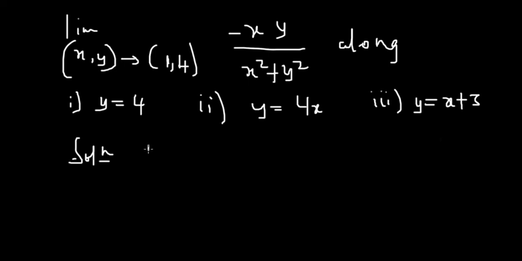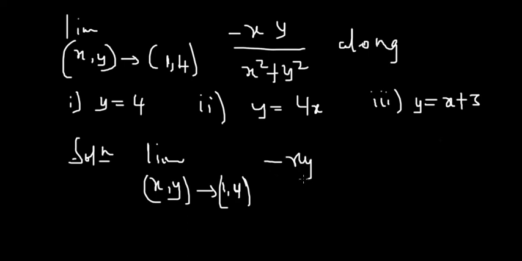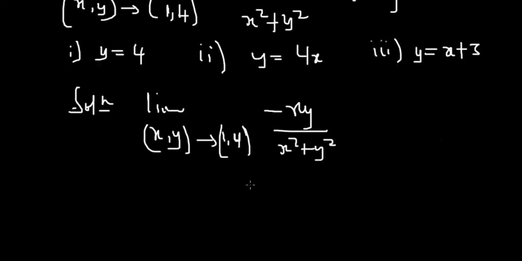So from here you will notice that we have this limit, with x and y being 1 and 4, and then we have xy over x squared plus y squared. So this could also be represented as t approaching 1.